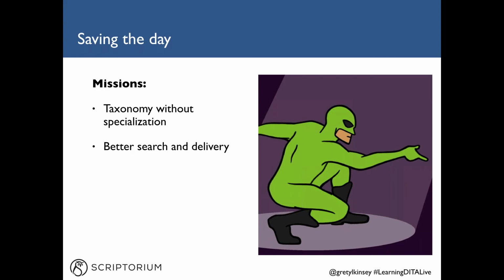So maybe it sees what products they own, what kind of role they have, where they're located, that kind of stuff. So whether you are talking about search or targeted delivery, a subject scheme can really help the user get the right information a lot more quickly.